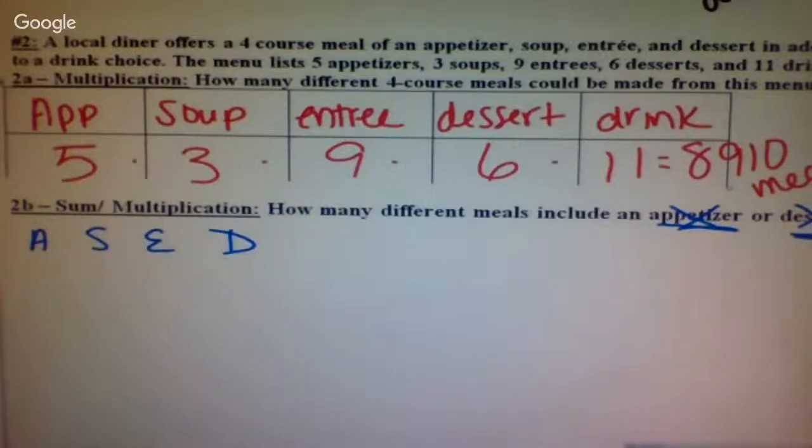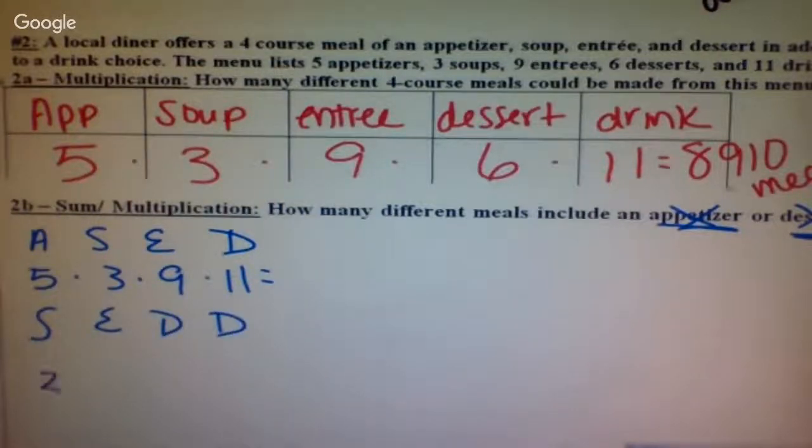So we're doing a 3-course meal with a drink. So 5, 3, 9, and 11. And then you add the 2 together. The next time I want no appetizer, but I want a dessert. So we're doing soup, entree, dessert, and drink. So we've got 3, 9, 6, and 11.